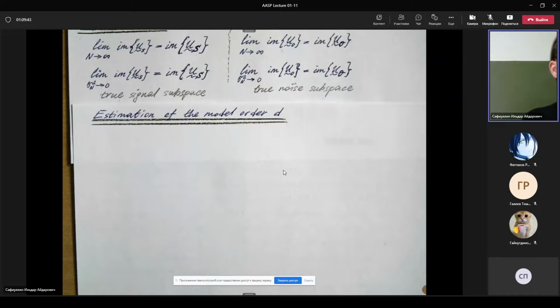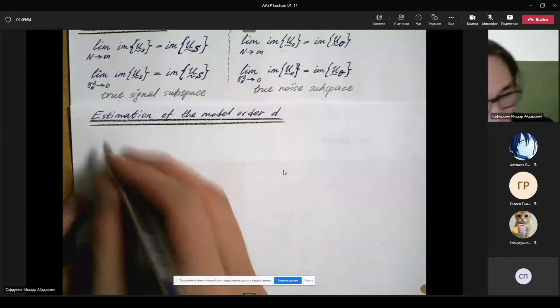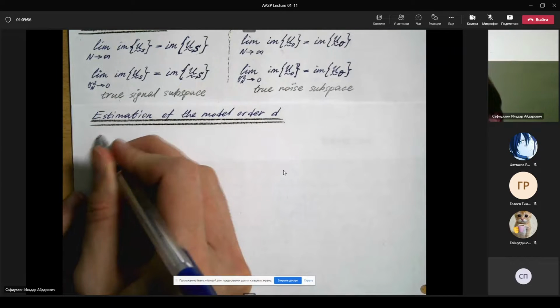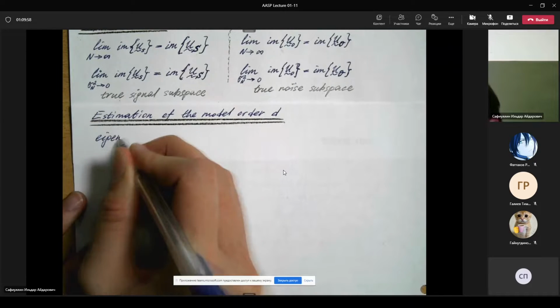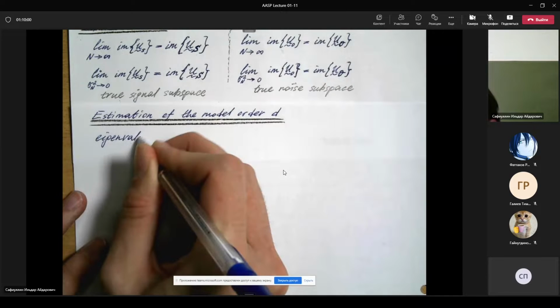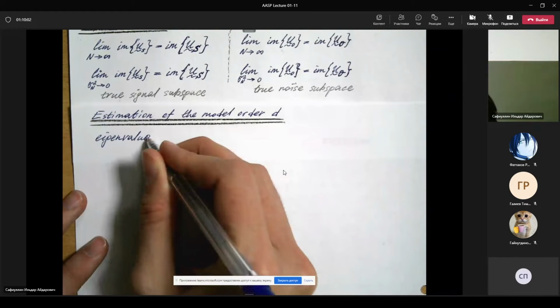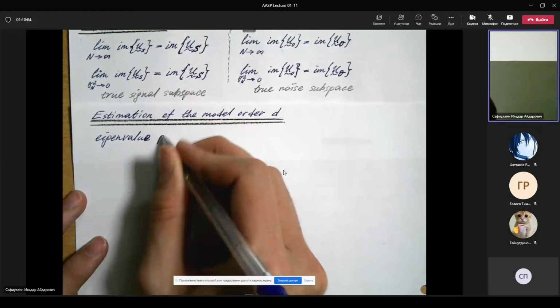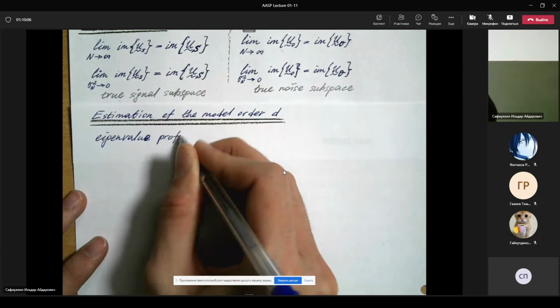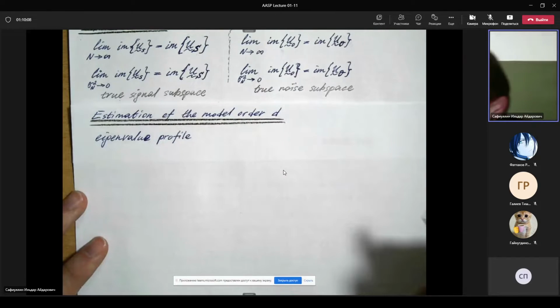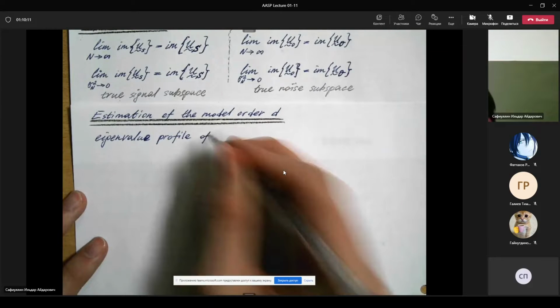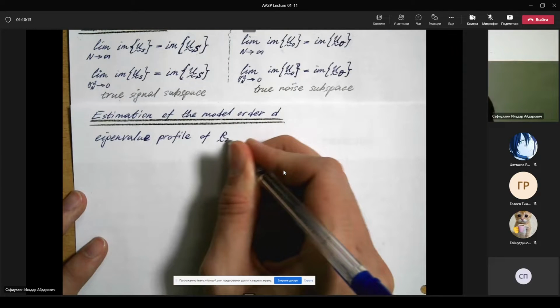And then I will show you the eigenvalue profile of the estimated spatial correlation matrix. Eigenvalue profile of R subscript XX with hat.